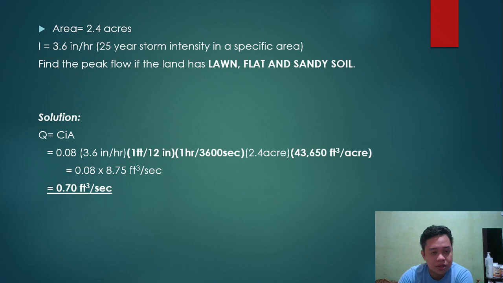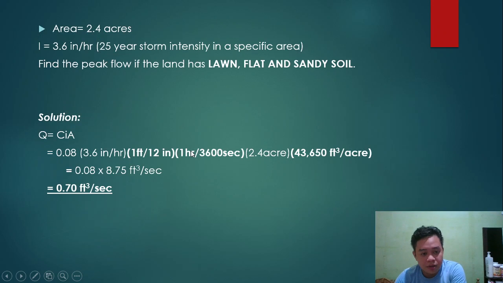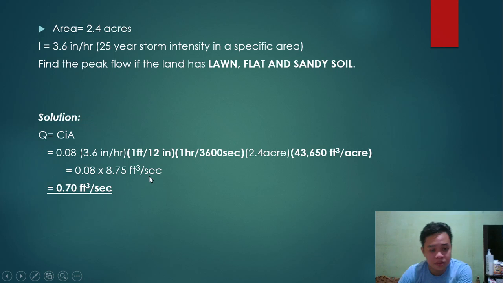This is for the other problem. Lawn, flat, and sandy soil, 0.08, again from the table, times the rainfall intensity given, converting it into cubic feet per second, and also the acre, converting it into cubic feet. So multiply it by the given coefficient, then we get 0.70 cubic feet per second.